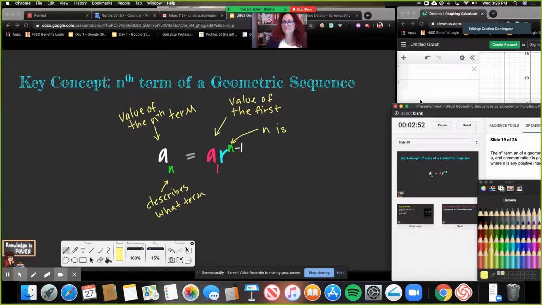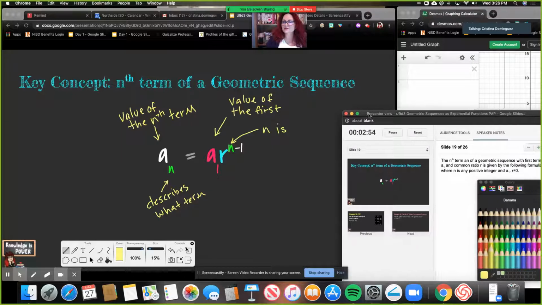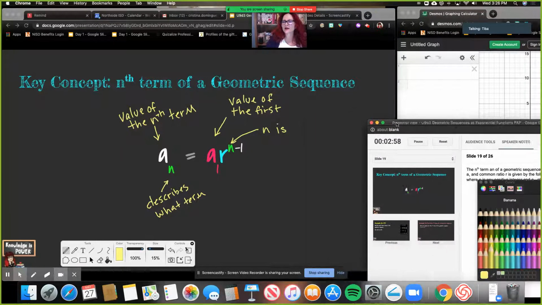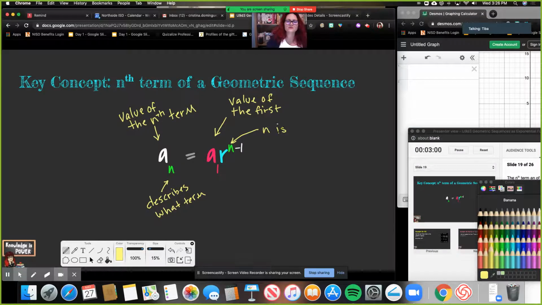N is any positive integer. So n is the number of terms. We'll just leave it at that. And then r is our common ratio.